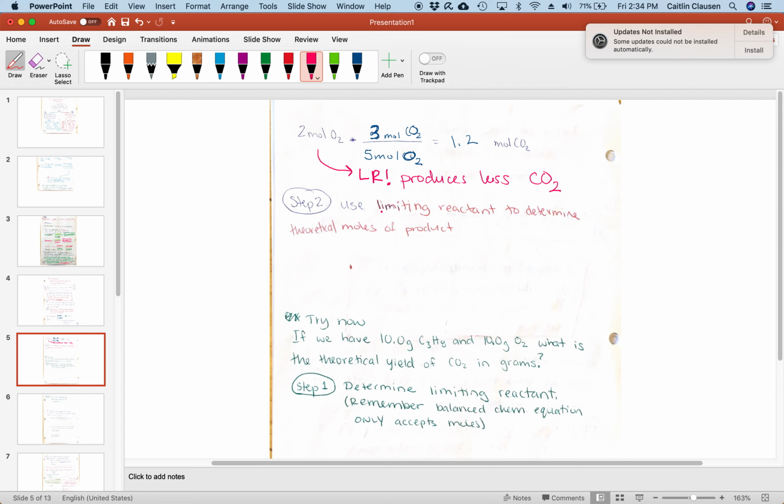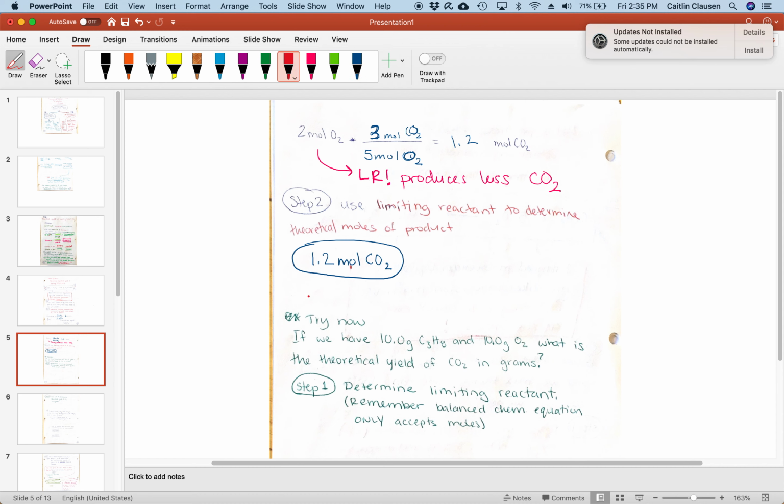So if we use the limiting reactant to determine the theoretical moles of product, we get 1.2 moles of CO2.